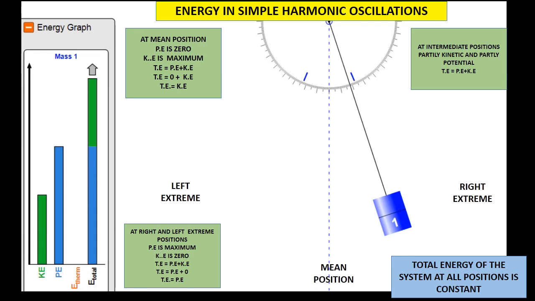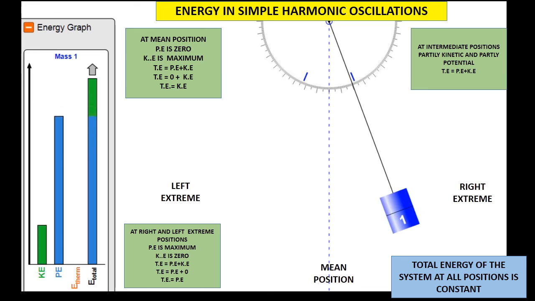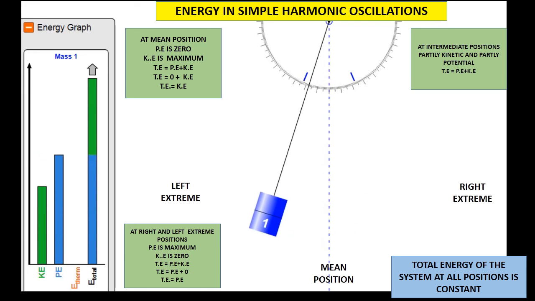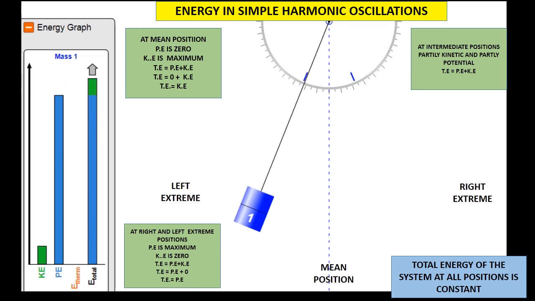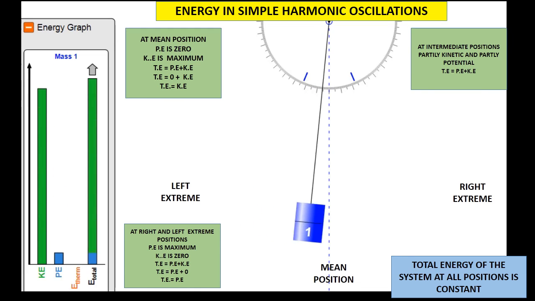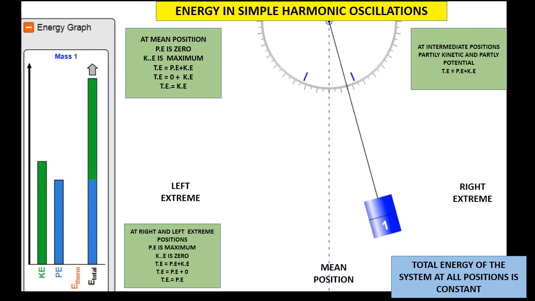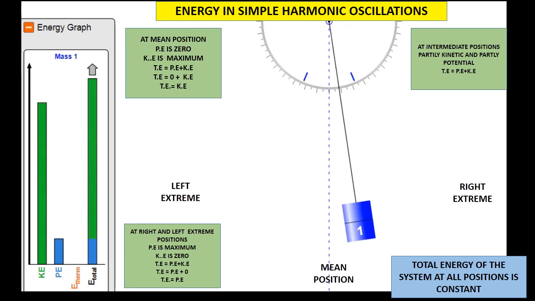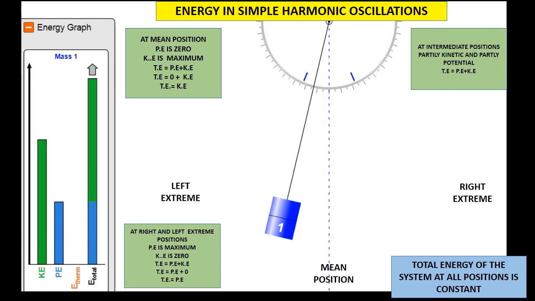So you have to understand one thing, that only in the left extreme end and right extreme end, the bob will have maximum potential energy and kinetic energy is zero. In the intermediate position, the energy is partially kinetic and partially potential.